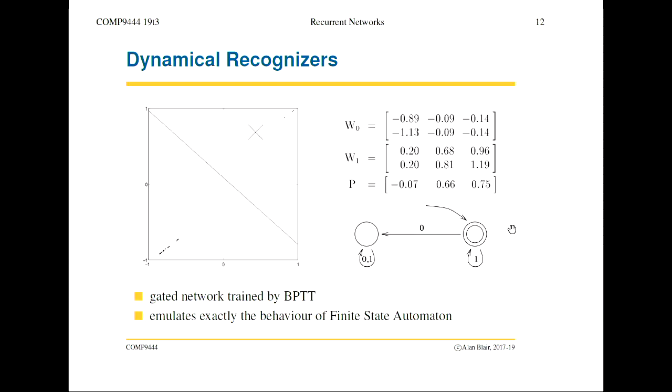These are the two hidden units, and these are the states it goes into while we keep feeding it ones. As soon as we feed it a 0, it goes over here, and then no matter whether it's a 0 or a 1, it stays in this region with these dots. This line is the dividing line between accept and reject. It accepts things on this side of the line and rejects things on that side. So you can actually see the dynamics of this language recognition task.